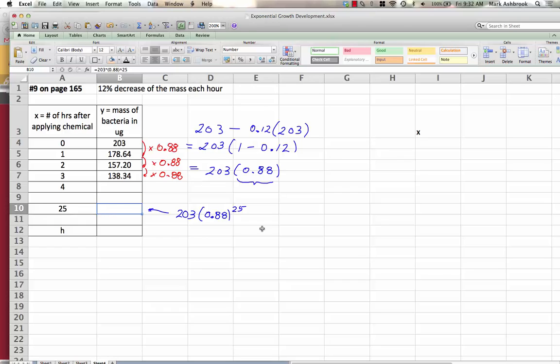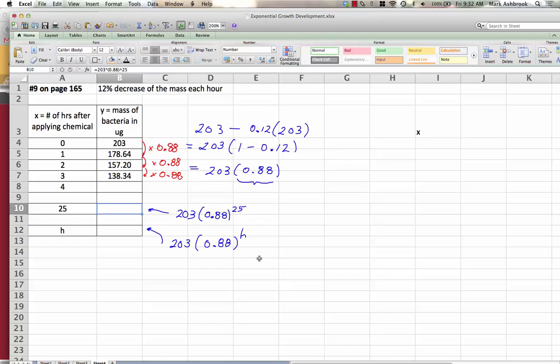Okay, so what about after H hours then? Christopher, go ahead. 203 times 0.88 to the H, and tell me what that means. H hours after. So you would take 203 and multiply by 0.88 H times.